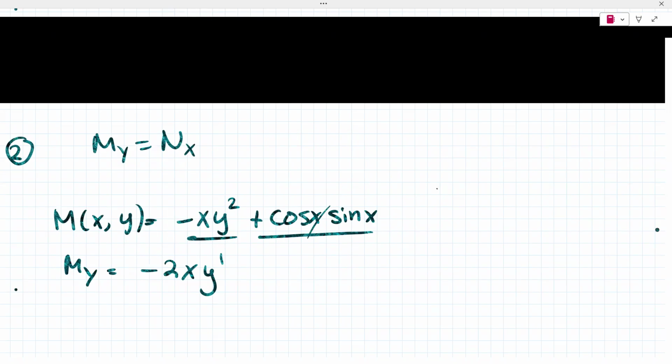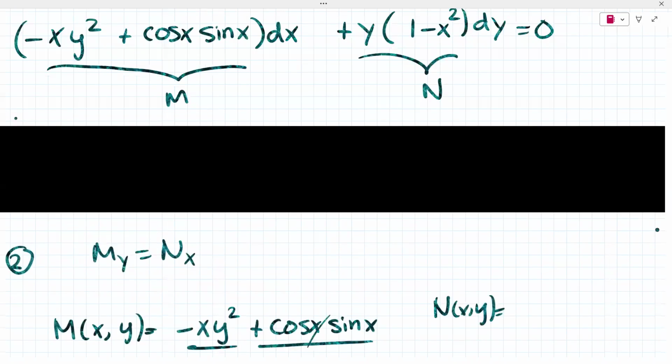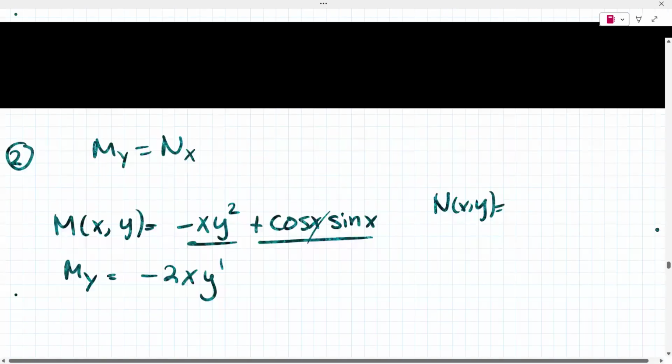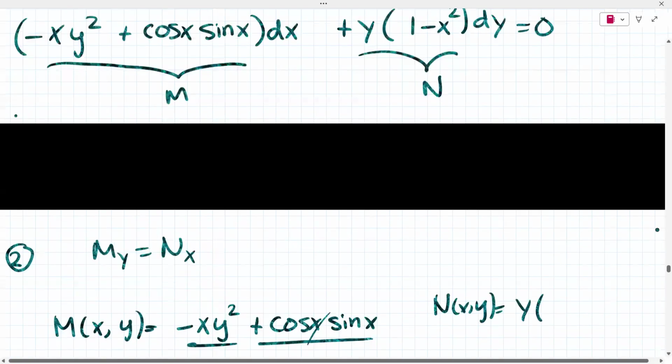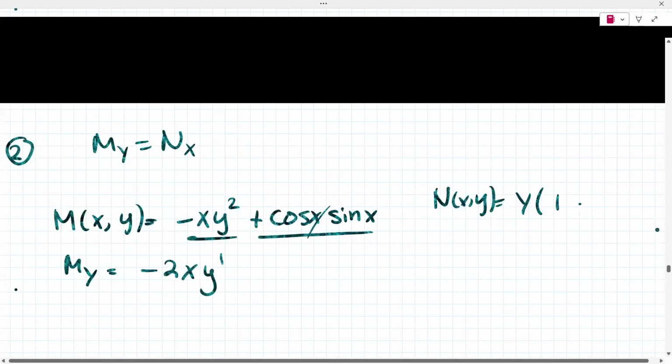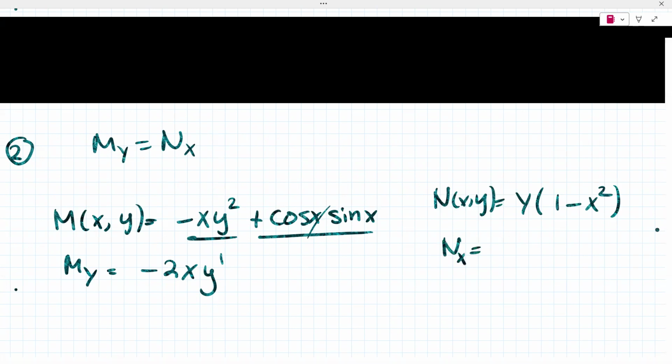And then my N of x, y is y times 1 minus x squared. So take that with respect to x. So this is a constant. So basically, you take the derivative of this. So it's just going to be negative 2xy.